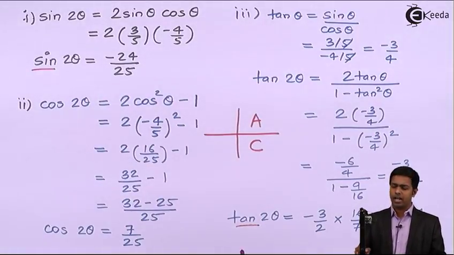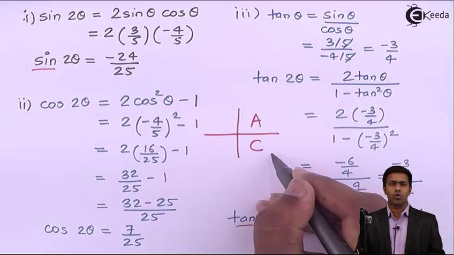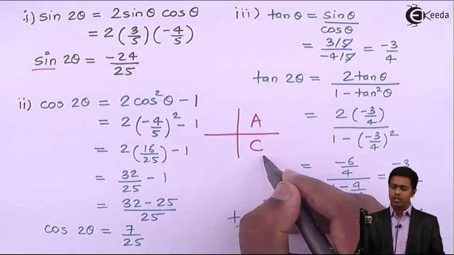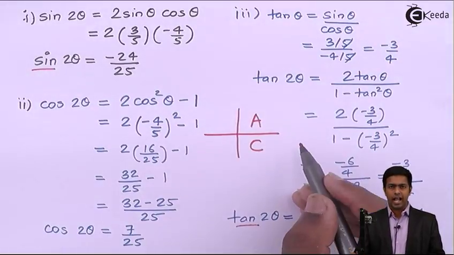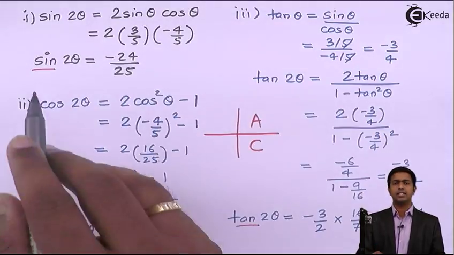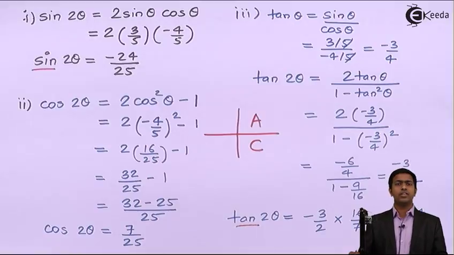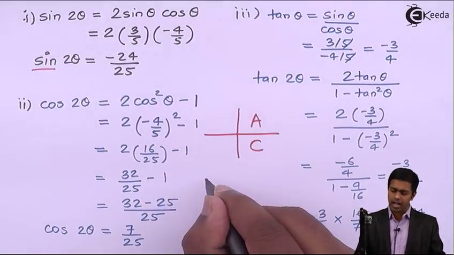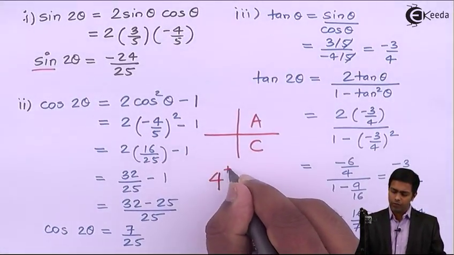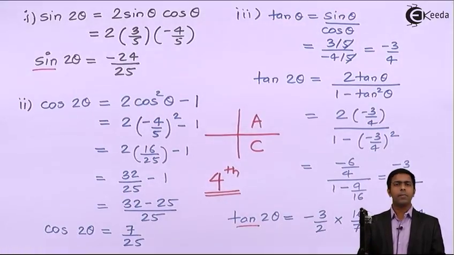It means the angle has to be in the 4th quadrant, because in the 4th quadrant the cos of that angle is positive, whereas the sine and tan of the same angle are negative, and here we have the same pattern. So here I will say that our angle lies in the 4th quadrant. Thank you.